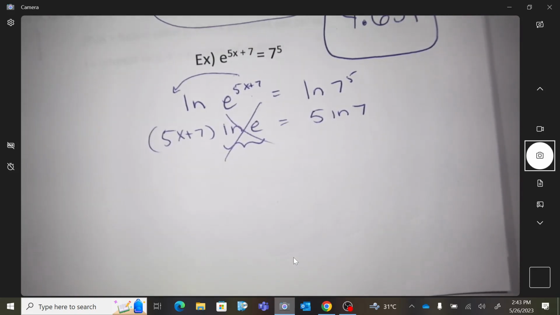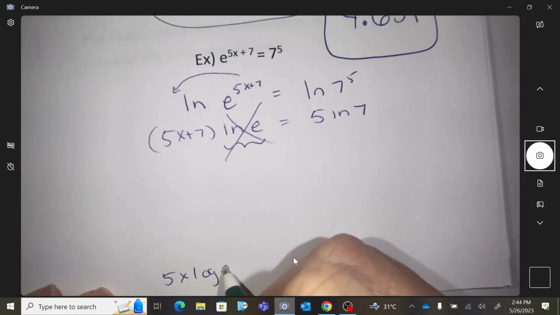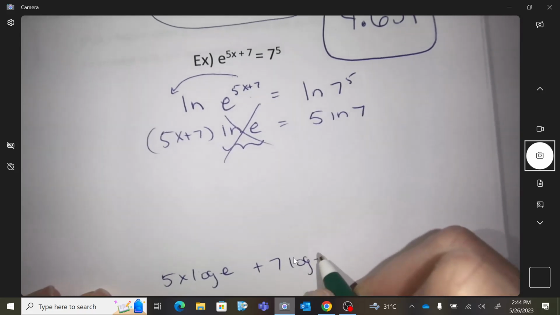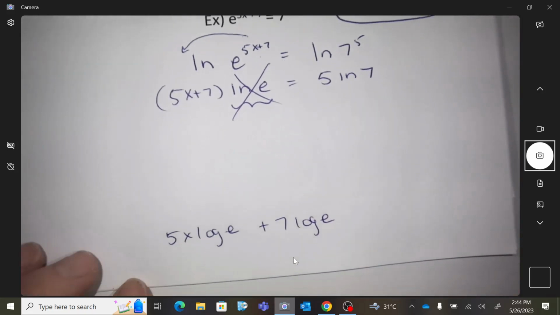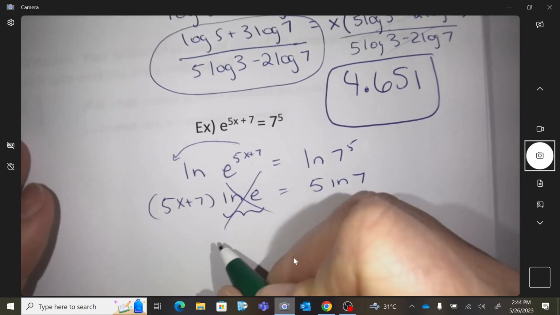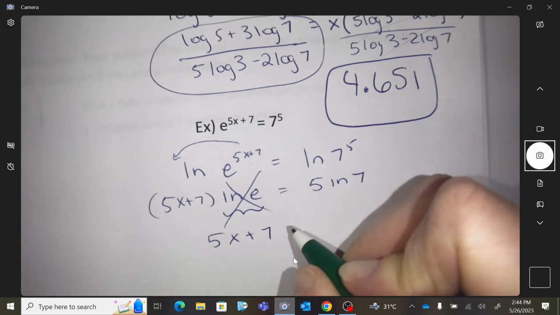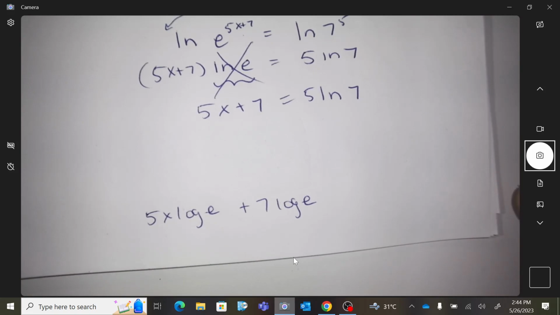If you didn't and you logged it, then you would have 5x log e plus 7 log e, and you would have to do all this same stuff. So this just ends up being 5x plus 7 equals ln of 7 to the 5.